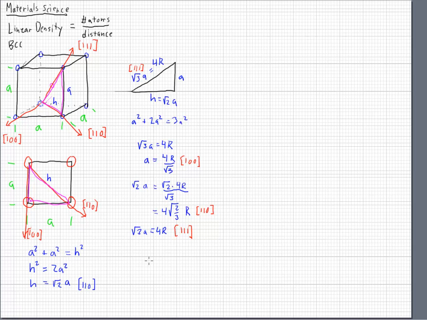Okay, well, that's the hard part. Let's put this into a table so it's a little better organized. So we have our direction: 1, 0, 0, 1, 1, 0, 1, 1, 1.